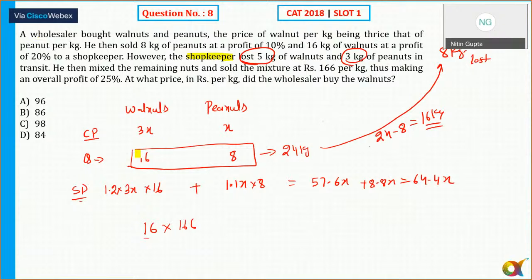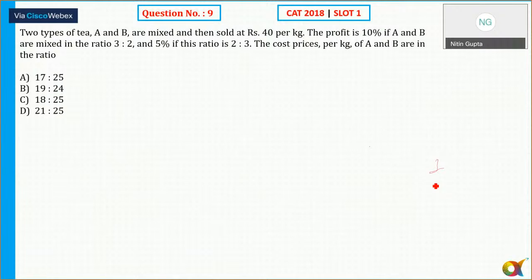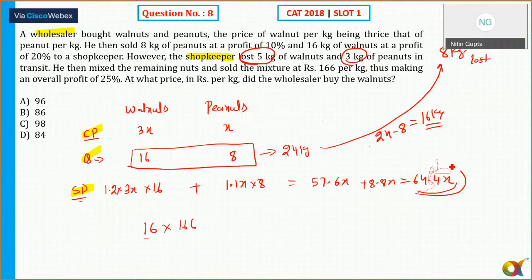Wholesaler and shopkeeper. So this cost price, quantity and selling price I have written for the wholesaler. So this 66.4x, this is the CP for shopkeeper. Okay, this is a selling price for wholesaler, but cost price for shopkeeper.